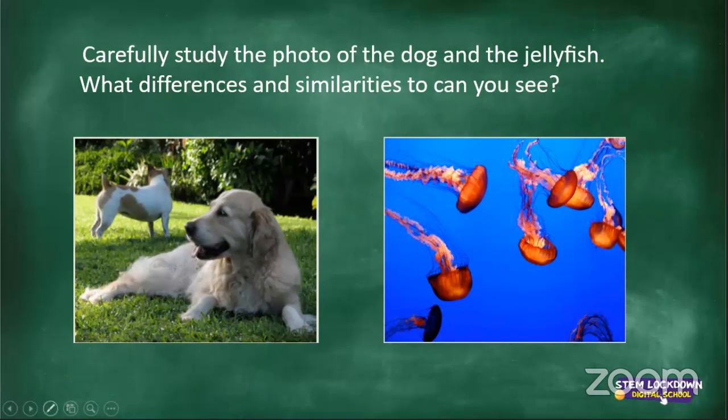I'm not speaking about exactly looking the same, but what do both of them have? For example, let me just change this into a laser pointer. What does a dog have that a jellyfish has? What do you guys think? A tail? Good.